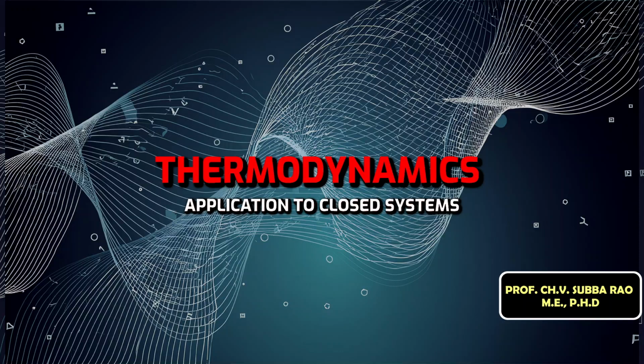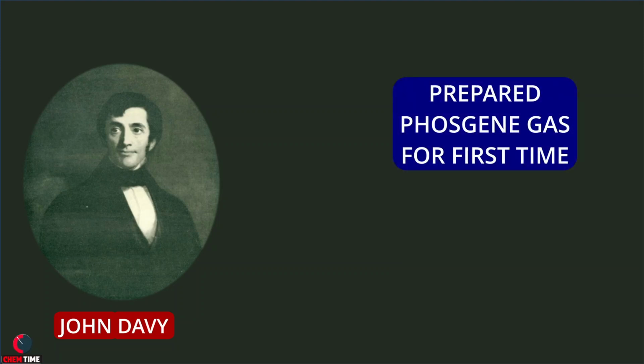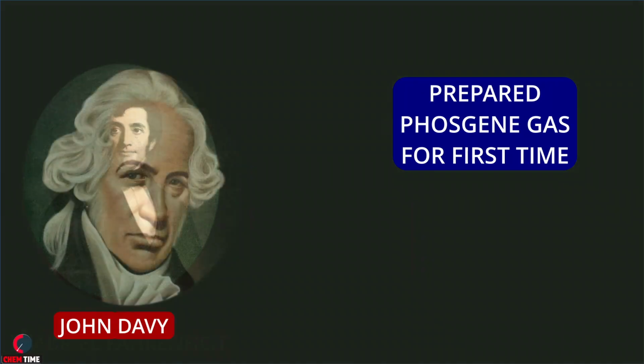We start the presentation by highlighting the importance of today, that is 24th May. On 24th May 1790, English chemist and doctor John Davy was born, and John Davy prepared and characterized phosgene for the first time.